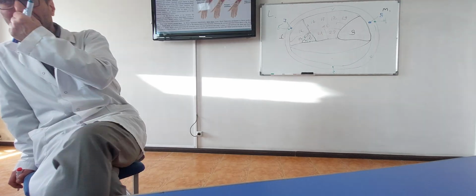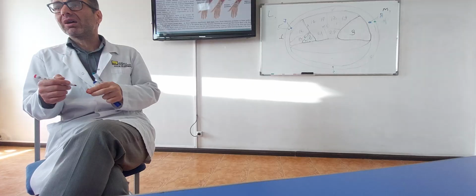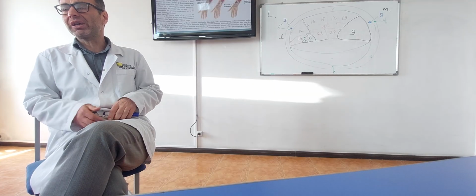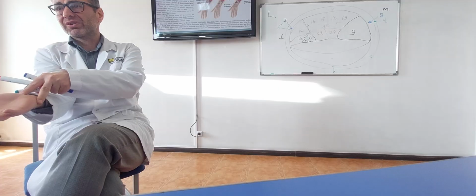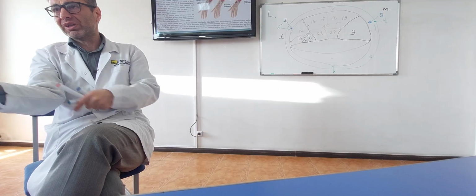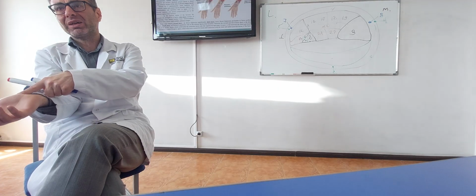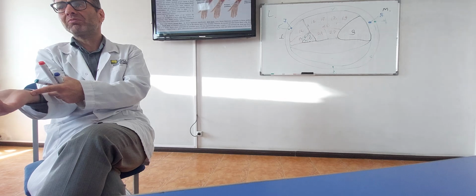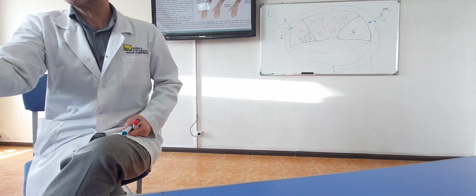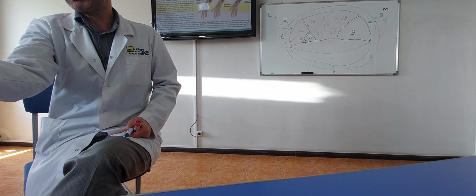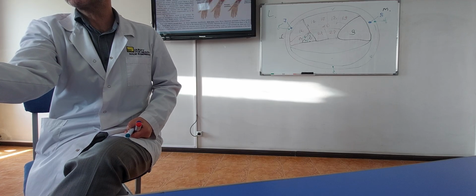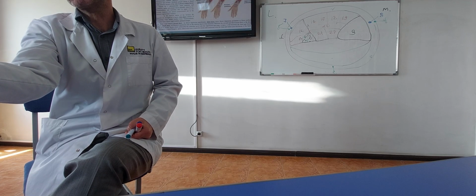Now, a little bit of anatomy about these muscles. Now, look to me, everybody. We have two flexors for the wrist joint, one on the lateral side, one on the medial side. When you flex only one, it makes the tilting of the hand to that side.